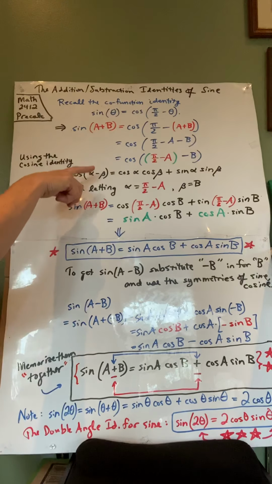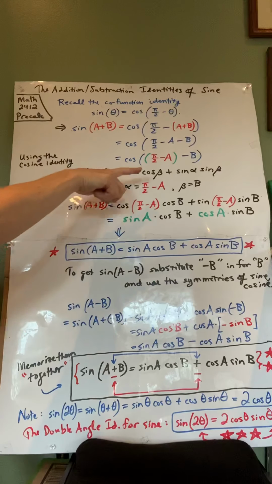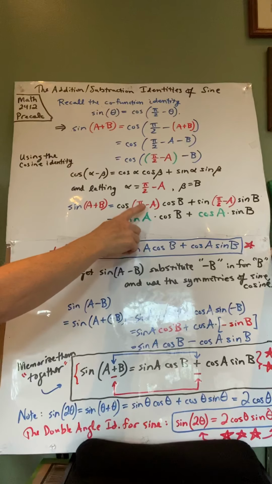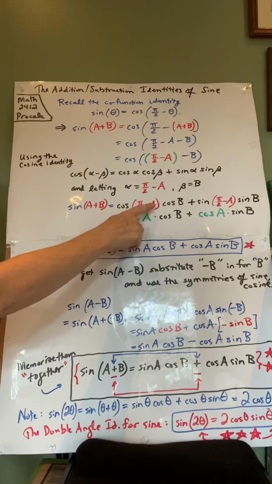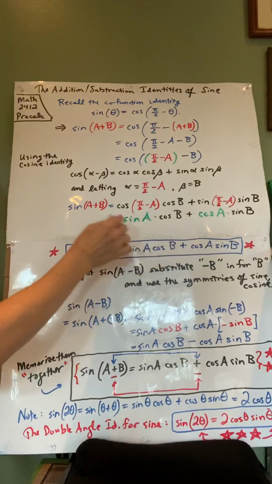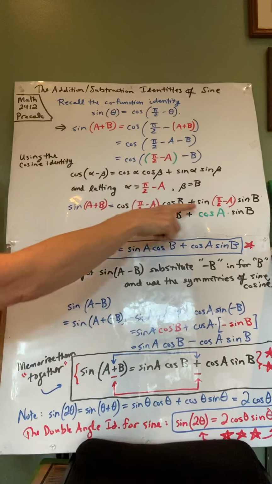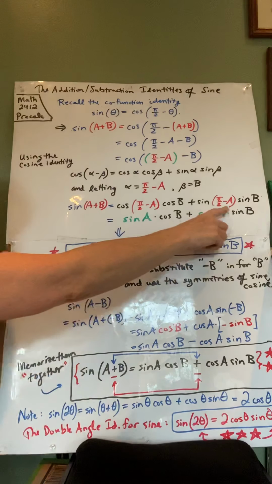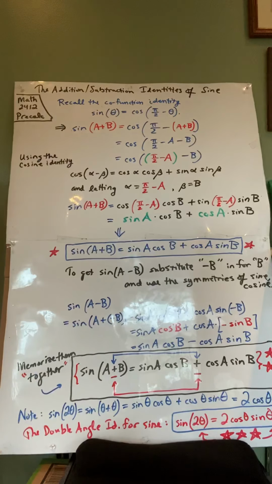Okay, using the cosine of alpha minus beta, we're going to get the sine of A plus B is the cosine of pi over 2 minus A times the cosine of B, plus the sine of pi over 2 minus A times the sine of B. You see how I'm just substituting that in for alpha in that expression. Well, bring out your cofunction identities again.